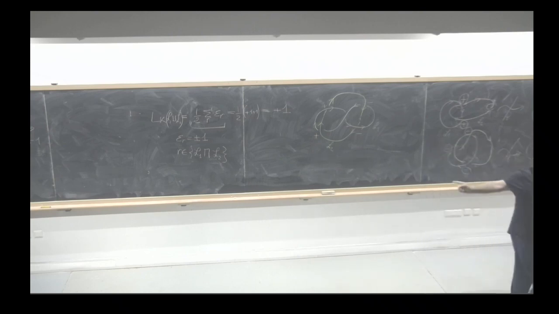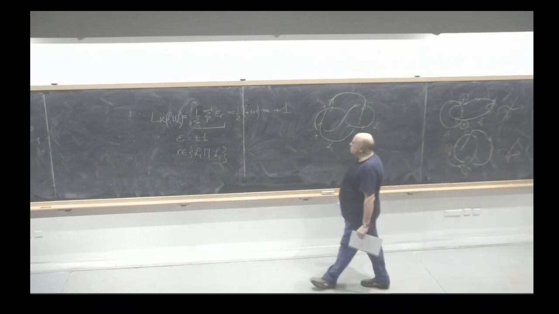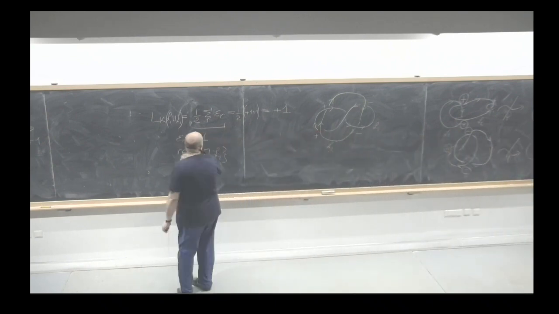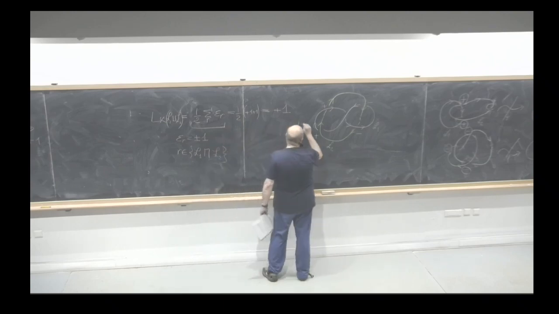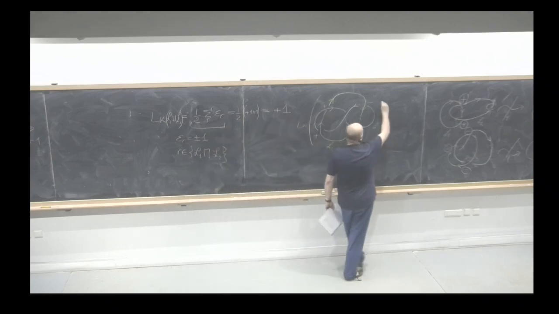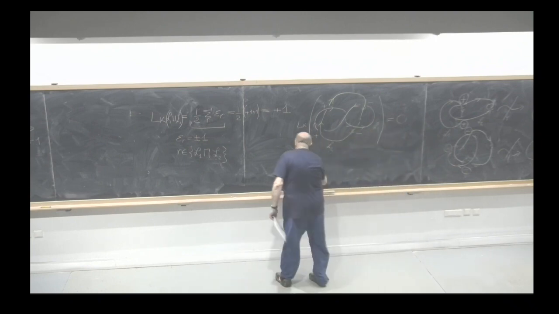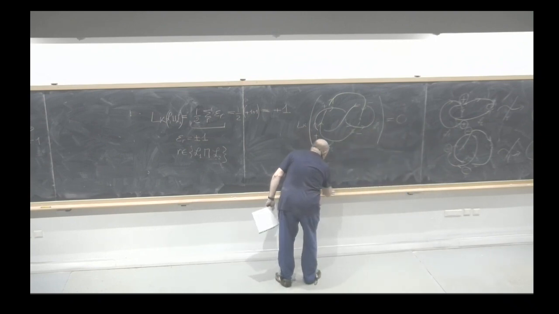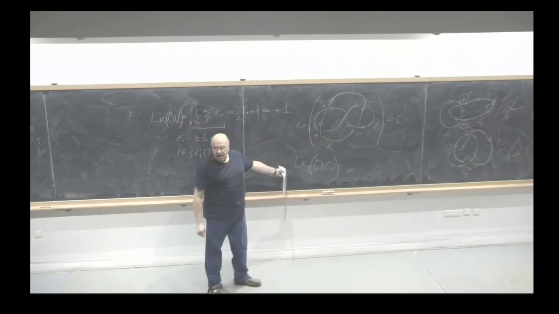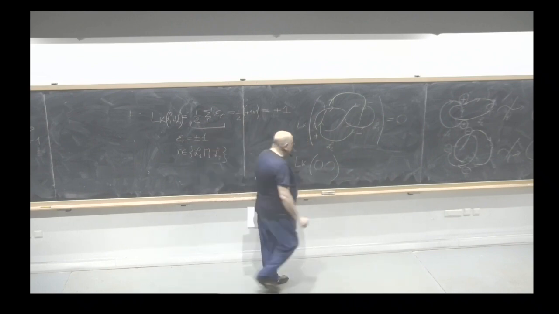This is called the Whitehead link. It's a special link. Oh, what a pity. I was so happy about this linking number of Gauss, and now I find that the linking number of this is 0. But the linking number of the unlink is also 0.